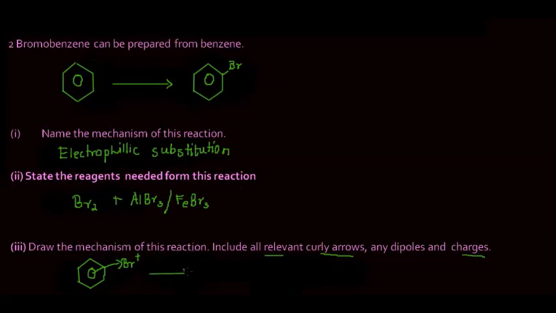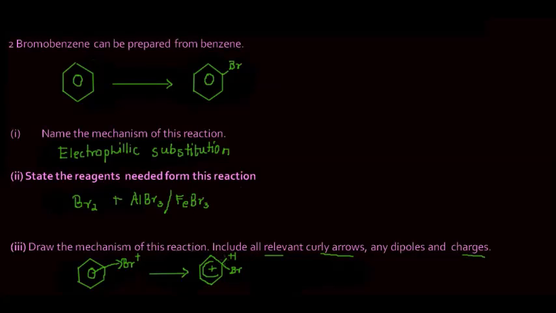It forms an intermediate, as we have already learnt earlier in the mechanism, with a positively charged benzene. So if we are bonding bromine here with this carbon atom, the same carbon atom still has a hydrogen atom, and we draw a positively charged half ring this way.